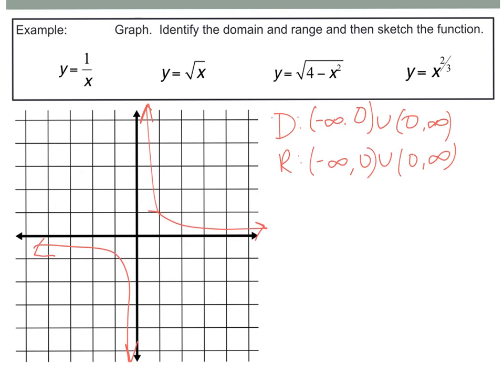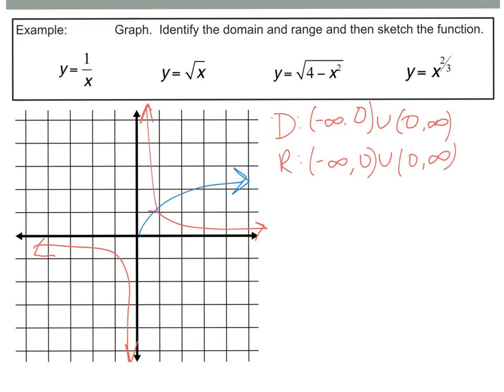Sort of like a sideways parabola, except it's only the positive square root. It's only going to be the upper half of the sideways parabola. So it is like a sideways parabola, though. That's a great description. So it looks something like that. It's this graph right here.